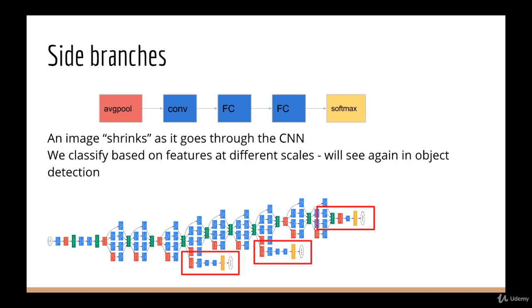So training like this ensures that, if perhaps there are different sized objects in the image, we can capture them all by using different features at different scales. This is an important idea to keep in mind since, as you'll see, we'll be applying it again when we look at object detection. And this also gives you an idea of where the name Inception comes from. It's based on the movie, which contains a very similar idea.